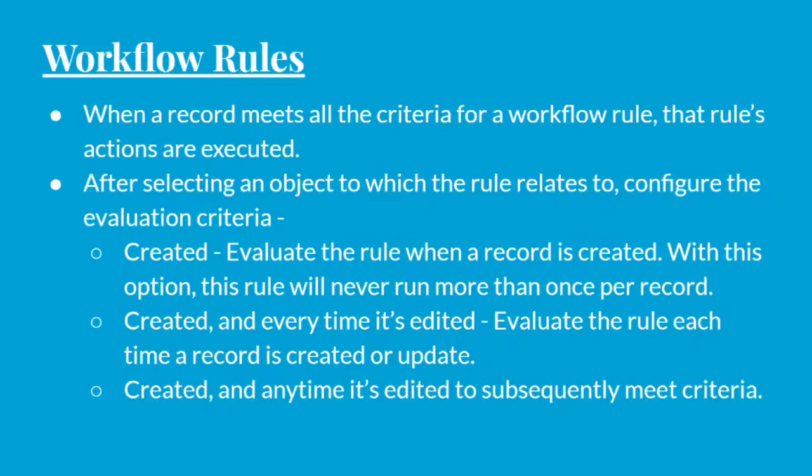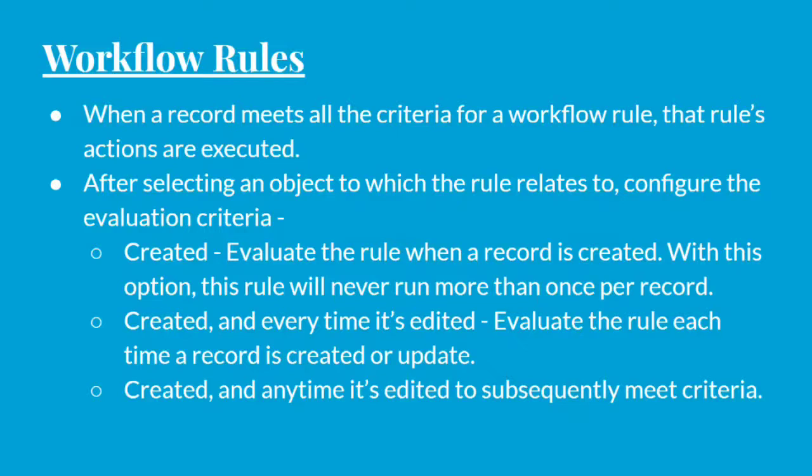Suppose you have chosen this option of created and anytime it's edited to subsequently meet criteria, and the criteria is opportunity amount should be more than 50,000. So when you go ahead and edit only the opportunity amount, then only this rule will run.